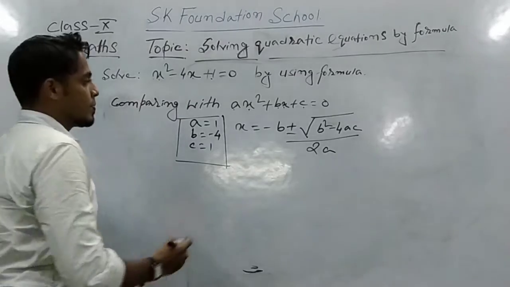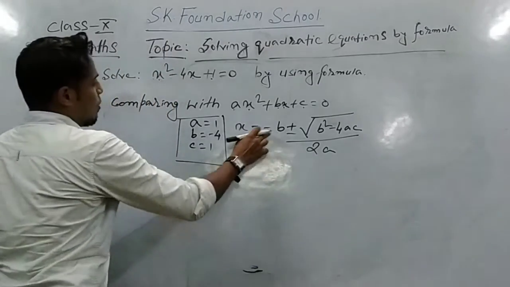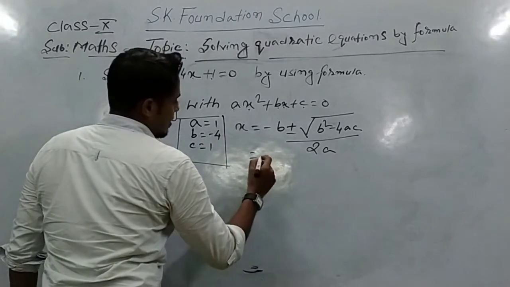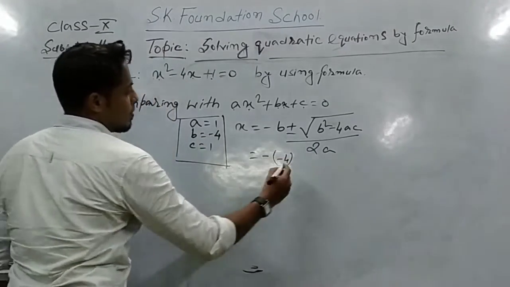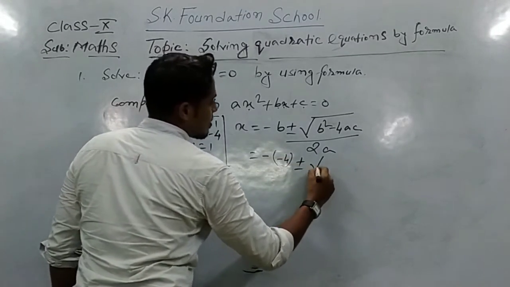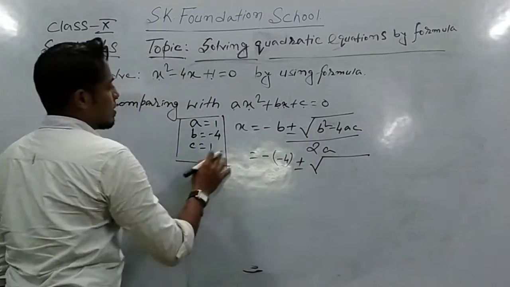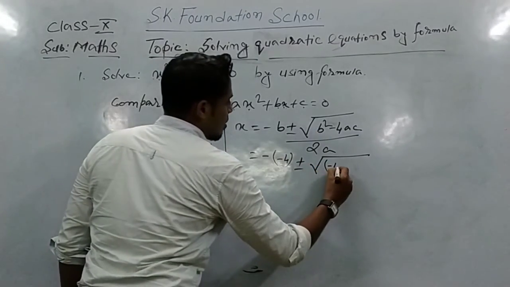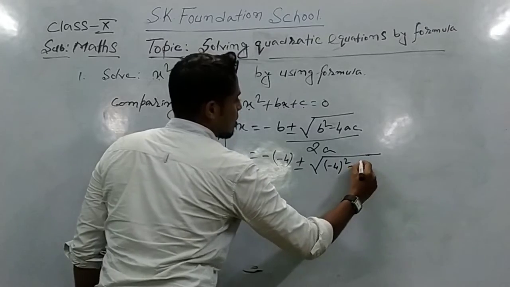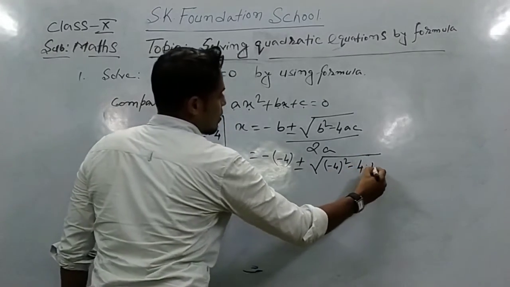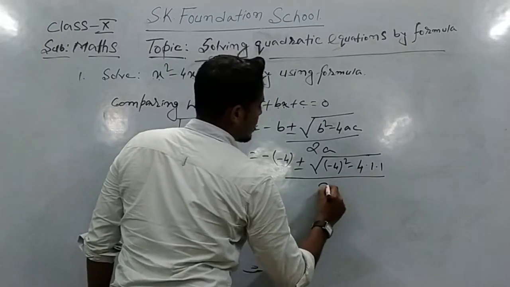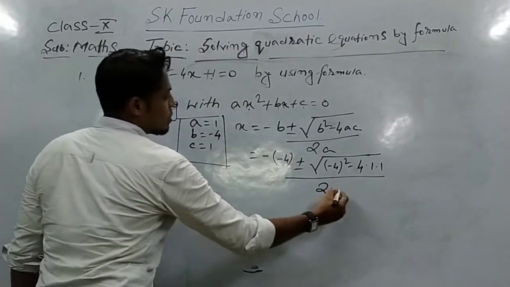The value of b is minus 4, so minus b gives 4, plus minus root over b square, that is minus 4 whole square, minus 4 into a into c, that is 4 into 1 into 1, by 2a, that means 2 into 1.